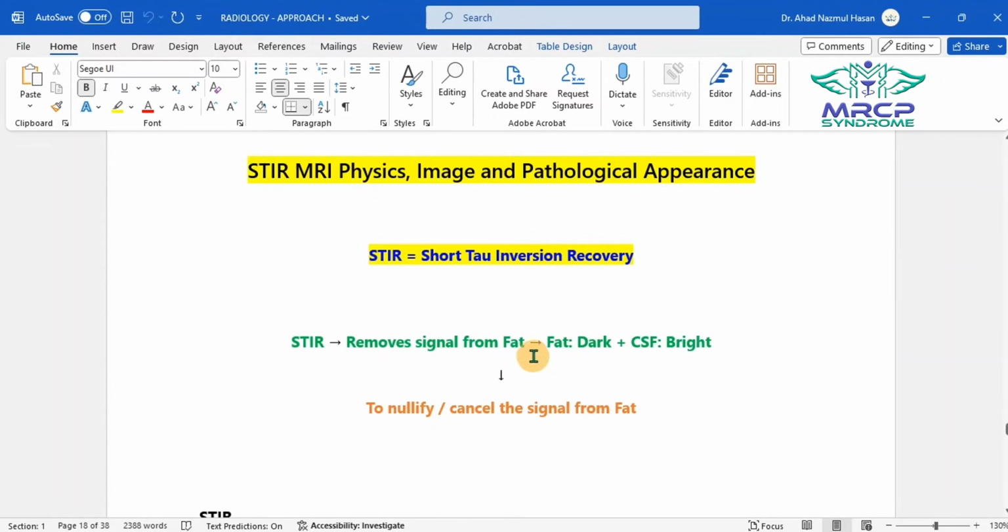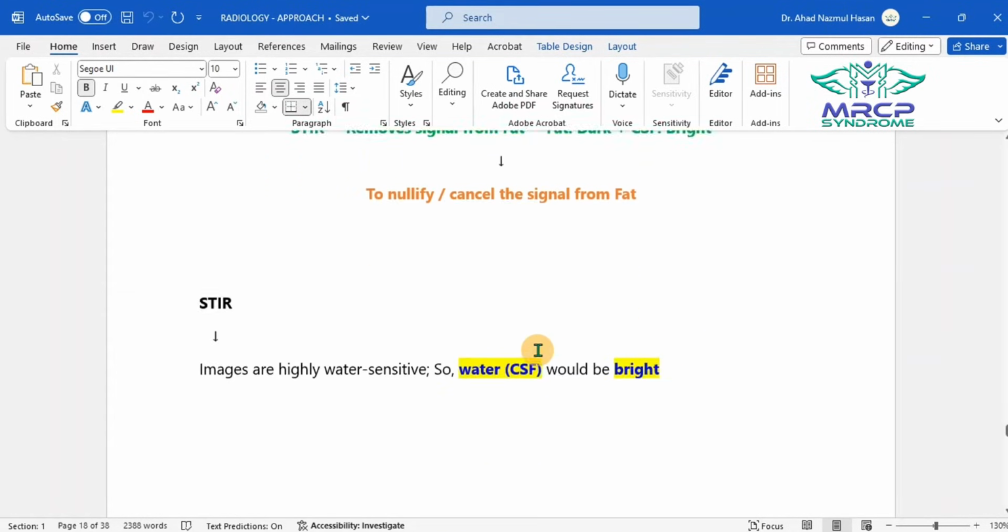T1, yes, very good. In case of T1, the fat would be bright and the CSF or fluid would be dark. But in case of STIR, the fat is dark and the CSF or fluid is bright. So T1 and the STIR pattern are completely opposite.